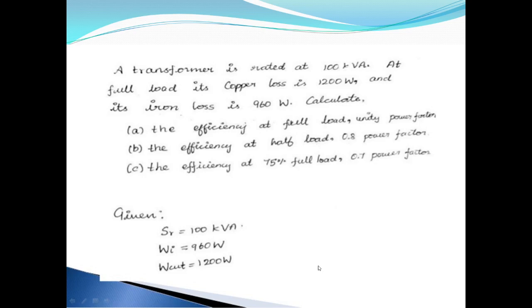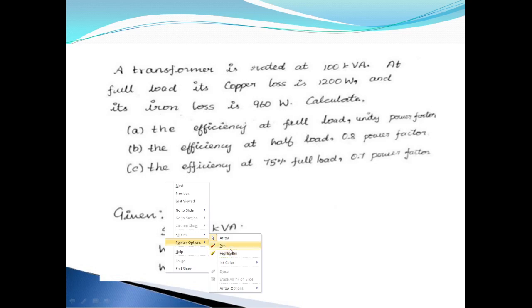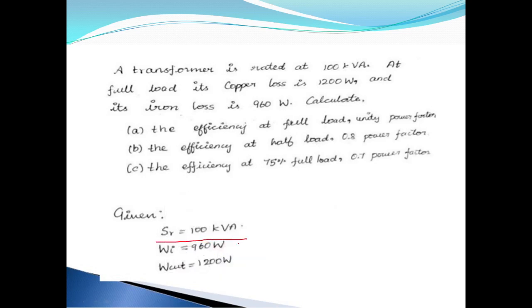Okay, so I'm writing the given data. This is the rating of the machine, that is 100 kVA. These are the iron losses and copper losses.